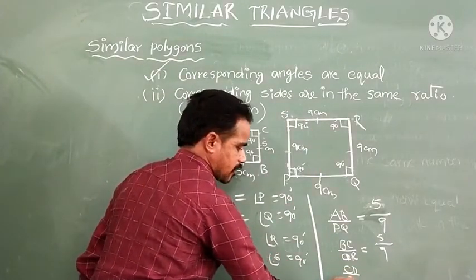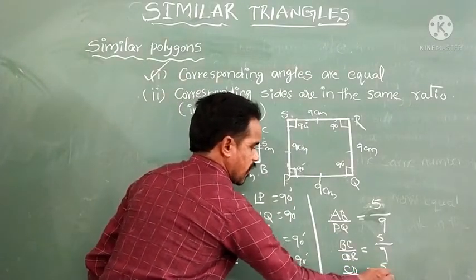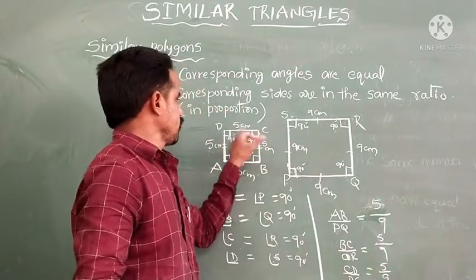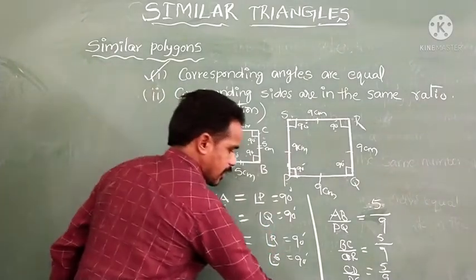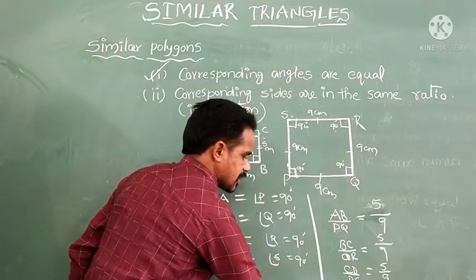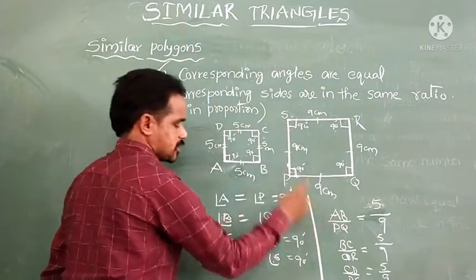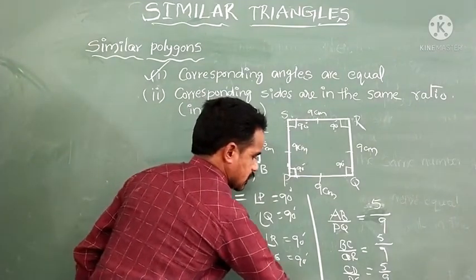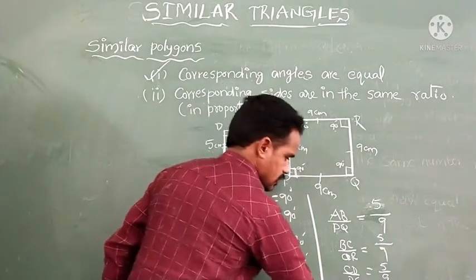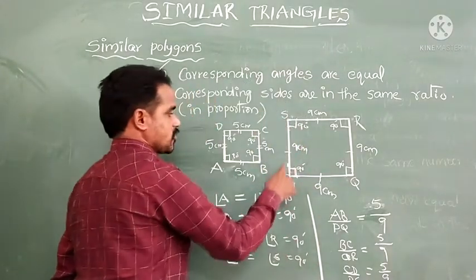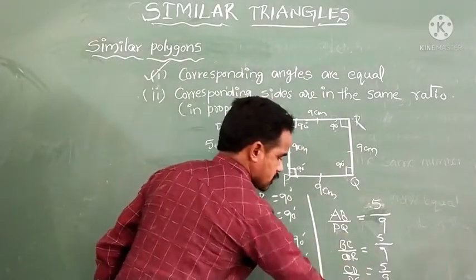CD by RS equal to 5 by 9. Am I right? CD 5, RS 9. Next, side DA is corresponding side to SP. Right? DA how much? 5 centimeters. By SP how much? 9 centimeters.